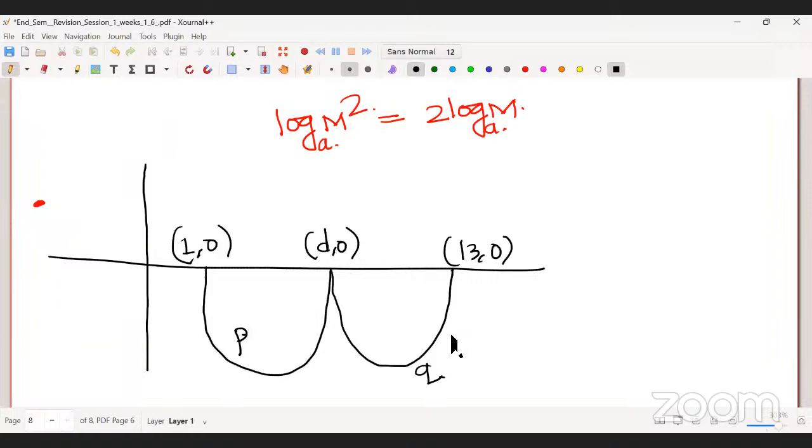Let me read the question again. Consider two quadratic polynomials P of x and Q of x whose roots are given, and the leading coefficient of P of x and Q of x is 1.